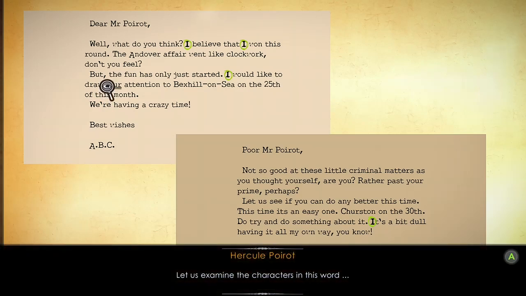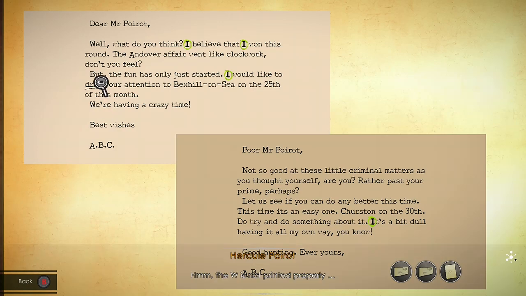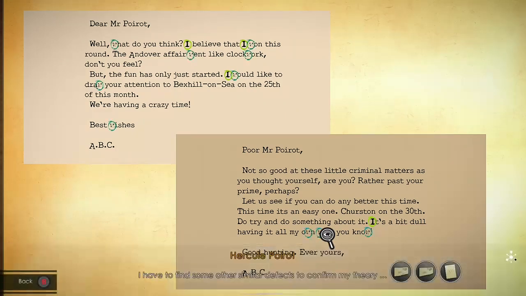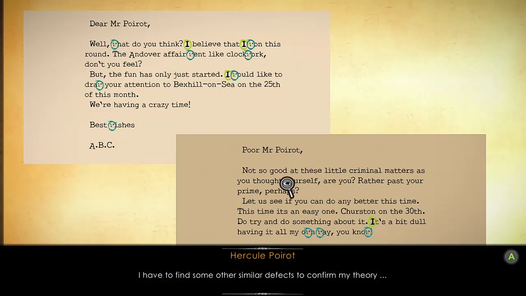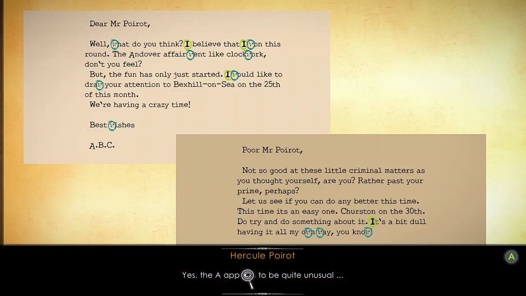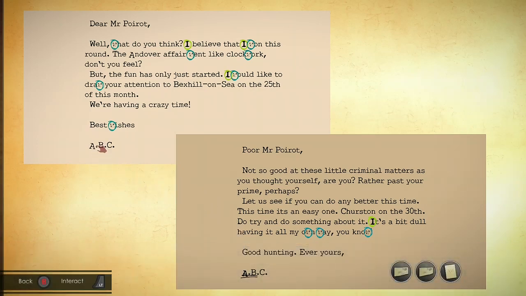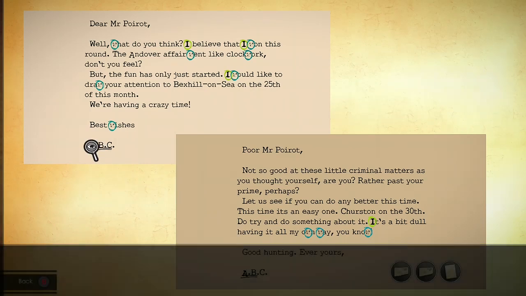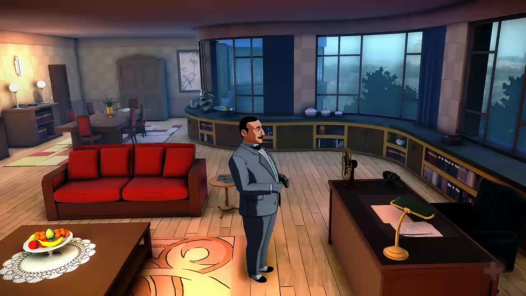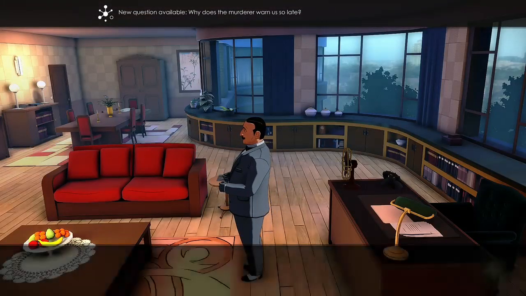I have to find some other similar defects to confirm. Yes, the egg. That's right. The egg. My theory was right.